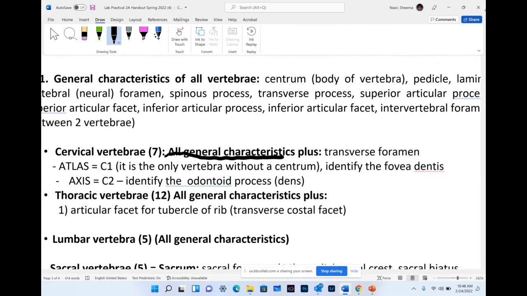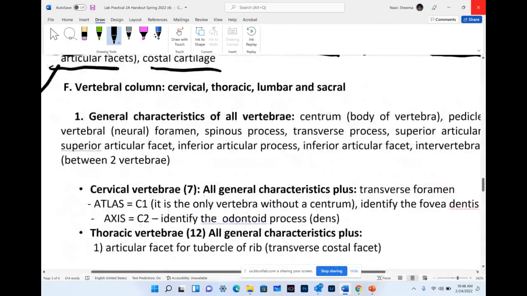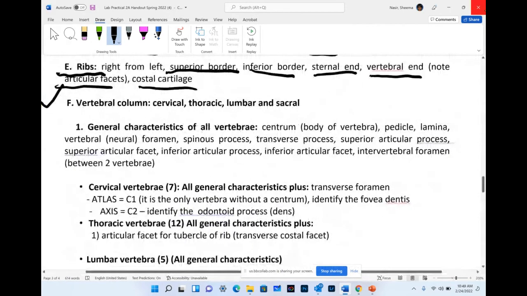Oh, sorry, I am on the wrong one. General characteristics is right here of all the vertebrae. What are those? Centrum, or the body. If you don't know how to spell centrum, please write body.